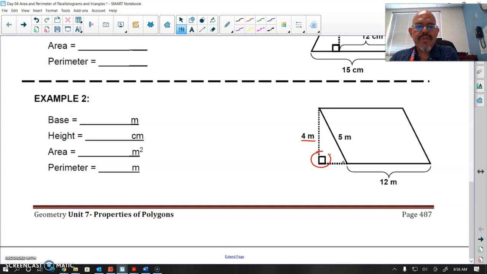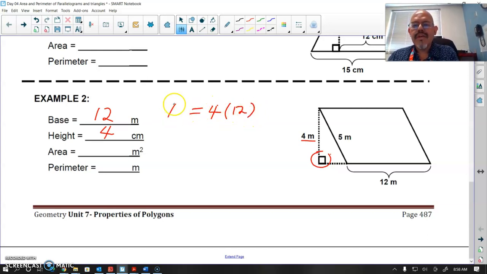So number 1, our base is 12 units. Our height is 4 units, not the 5. And the area right here is going to be 4 times 12, so that's 48 units squared. So that's 48 meters squared.